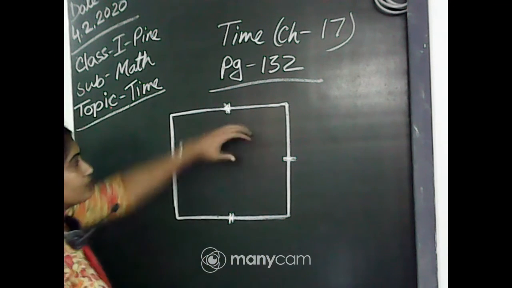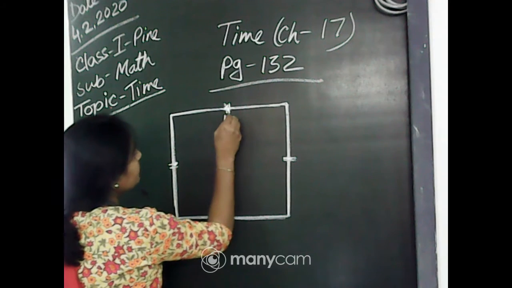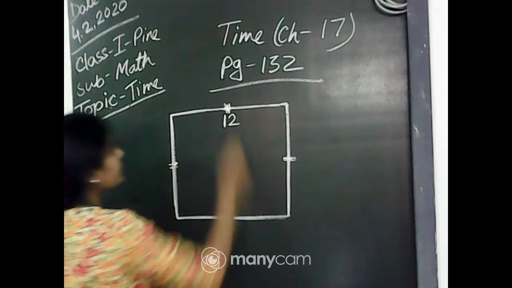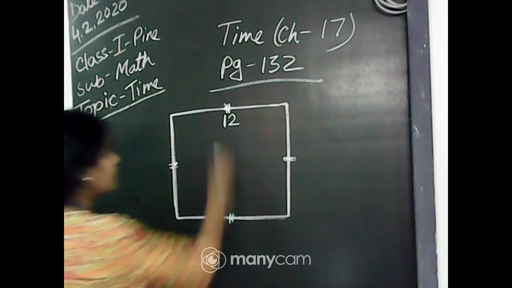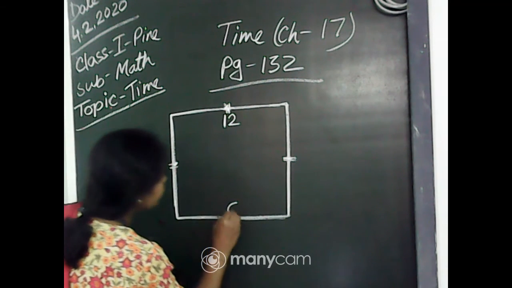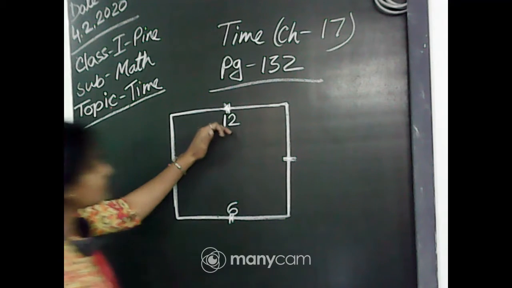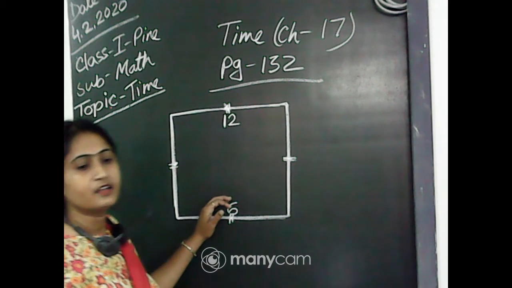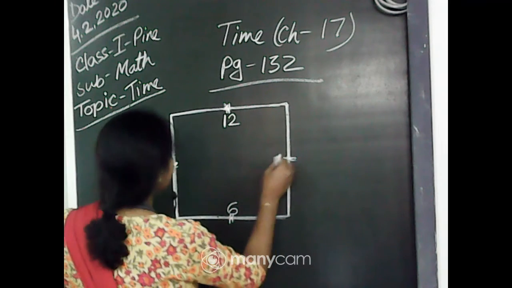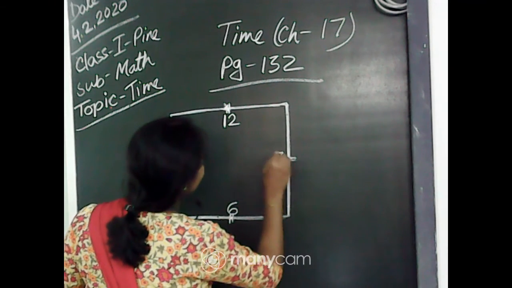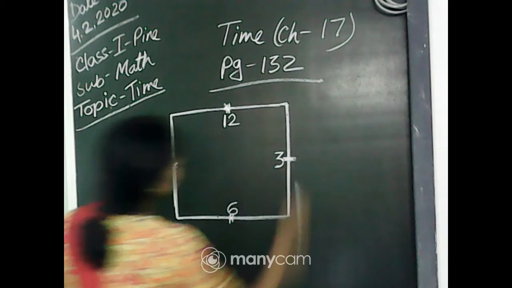And write down first here 12. You all please write down 12. At the point just opposite of 12, write 6. And on the right side, at this point, write 3.